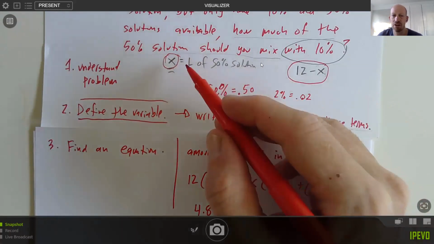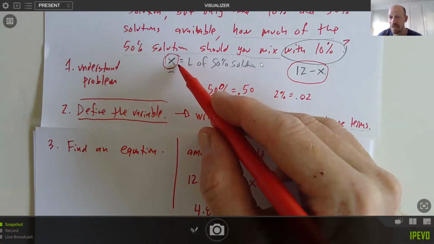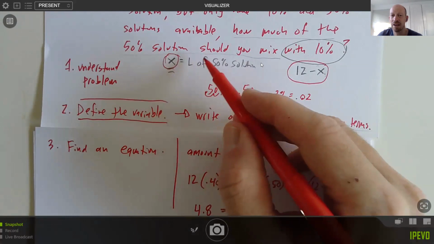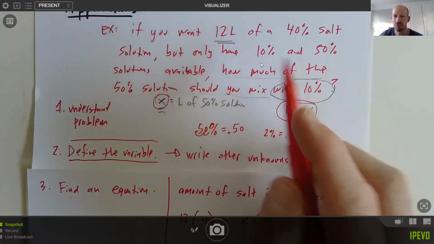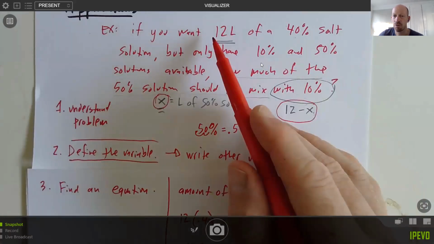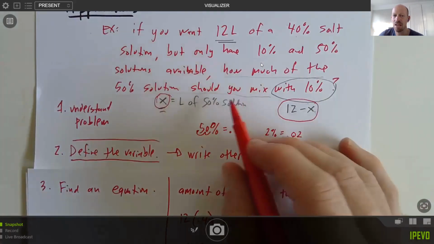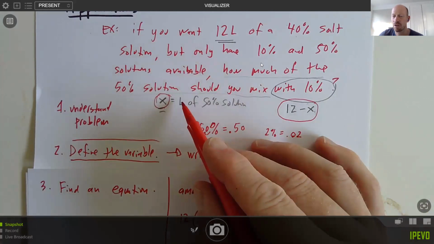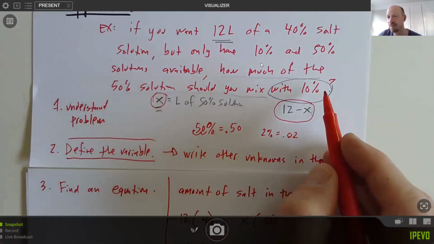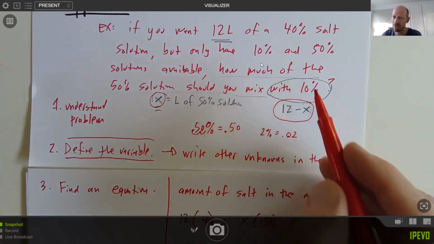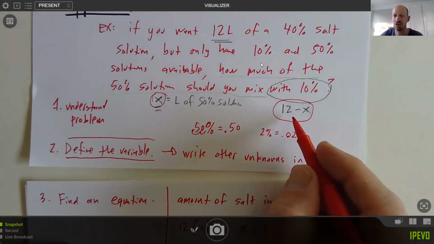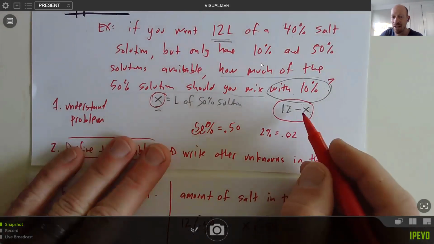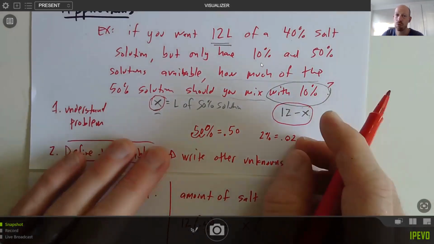So if X here is like 8 liters, I want to get 12 liters total, right? So if I have 8 liters of 50% solution, then I have to have 4 liters of 10% solution, right? Because that gives me 12. And the way you're actually finding that is you're saying, okay, well, 12 minus 8, that's what gives me 4.